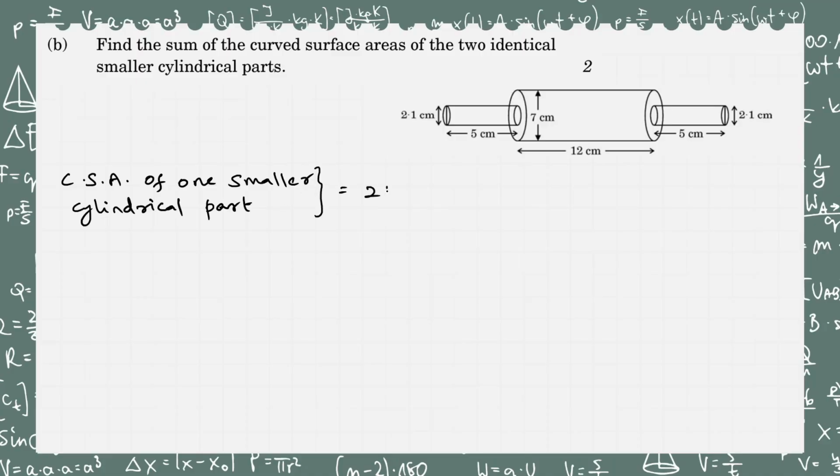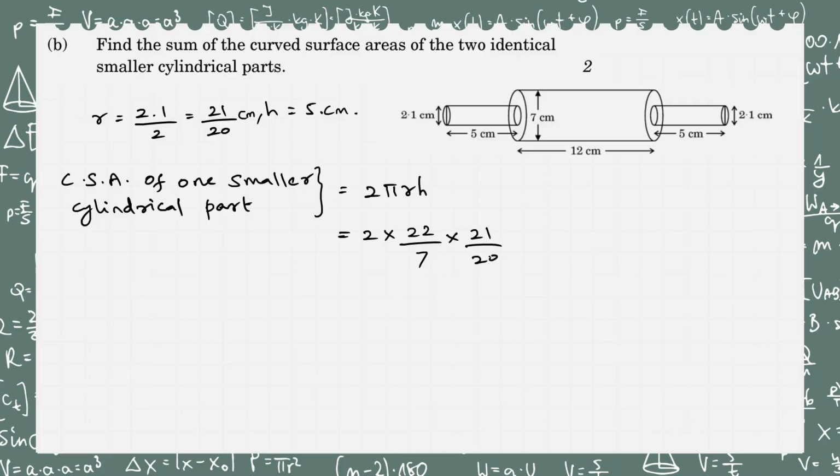is equal to 2 pi r h, right? We can mention what r and h are, that is not a problem. R is 2.1 by 2, or we can write it as 21 by 20 like we did earlier. H is 5 as usual. Now let us continue with the calculations. 2 into 22 by 7 into 21 by 20 into 5.